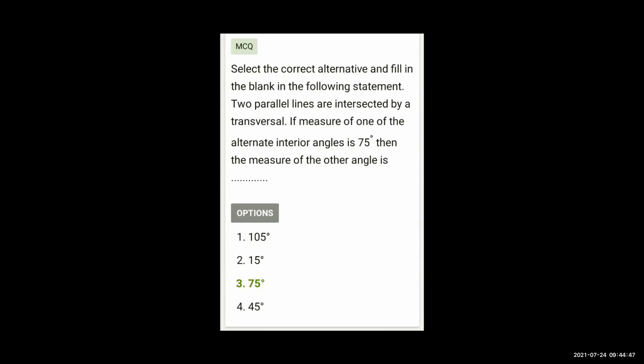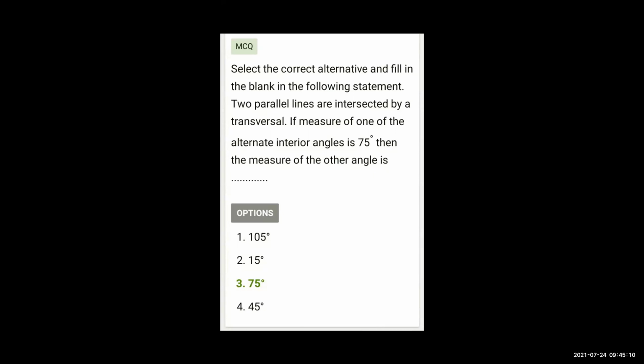Okay, now here the pair of angle that is given is alternate. Okay, alternate angles, basically that is given interior. So for interior angles and for exterior also the property is same.